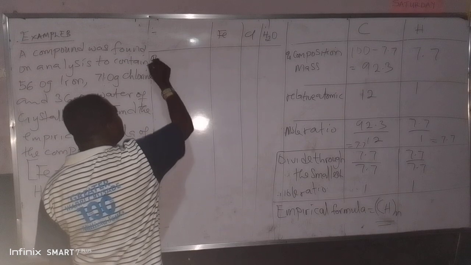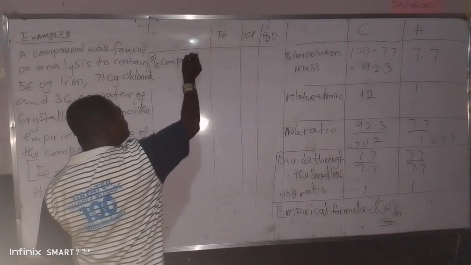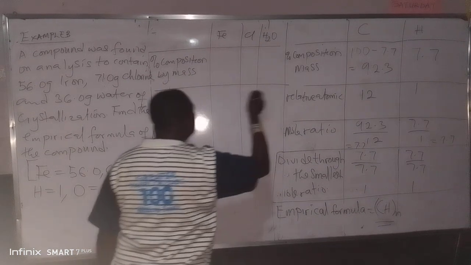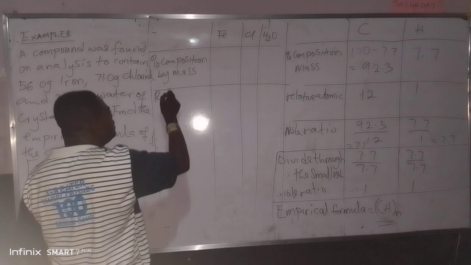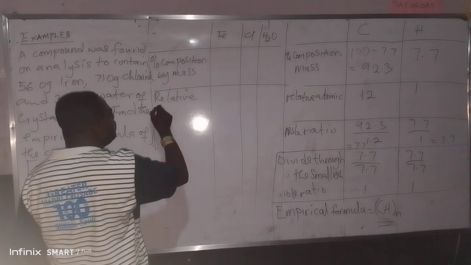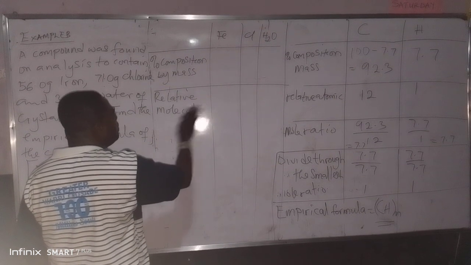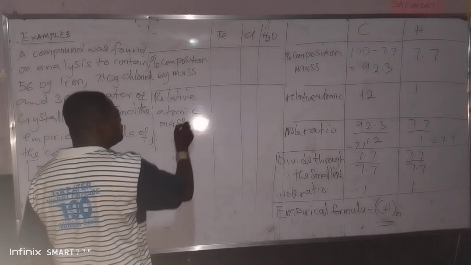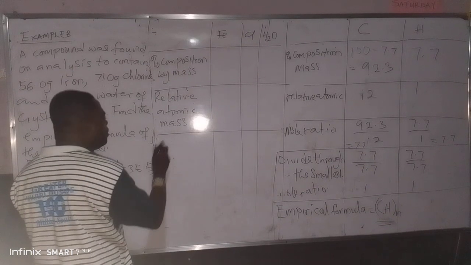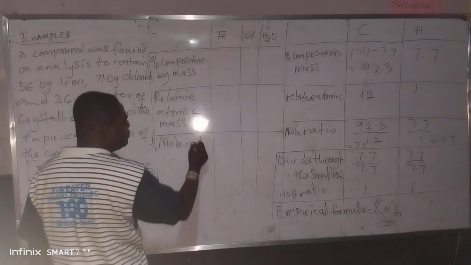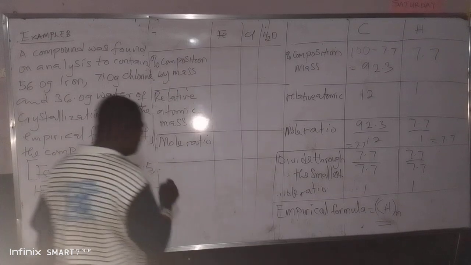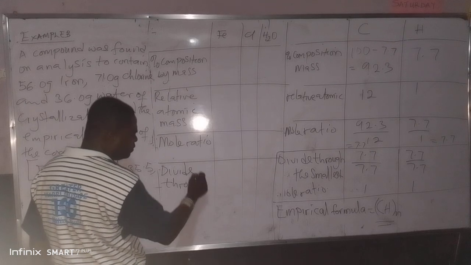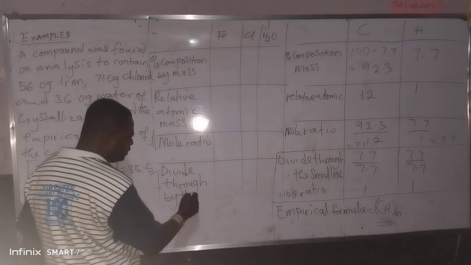So we have percentage composition by mass, relative molecular mass, relative atomic mass, then we have mole ratio, then we have divide through by the smallest.